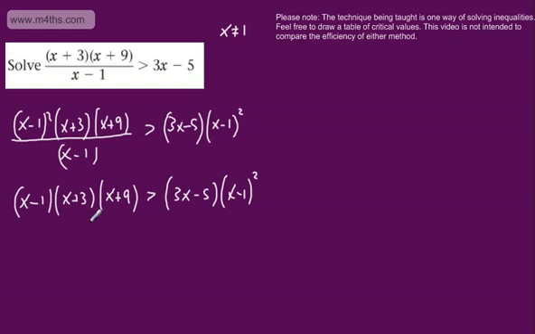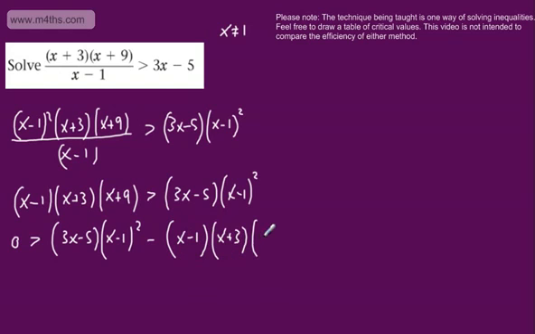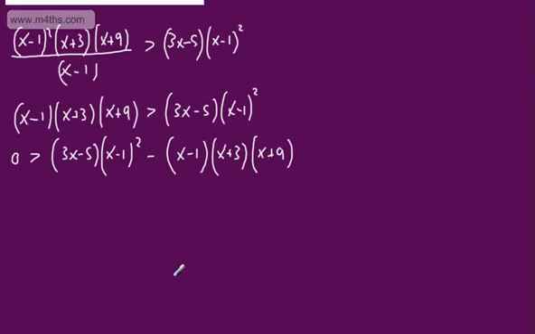Bringing everything to the right hand side and setting the left hand side to 0, we're going to have (3x-5)(x-1) squared, subtract the quantity now (x-1)(x+3)(x+9). In the previous videos, we saw that we could factor out, and in this case, x minus 1.